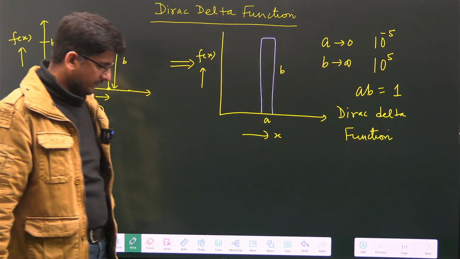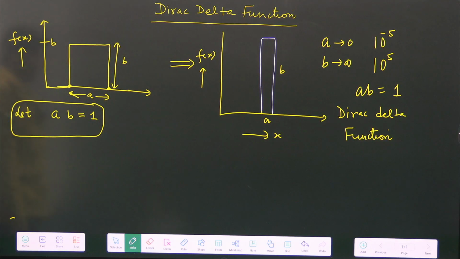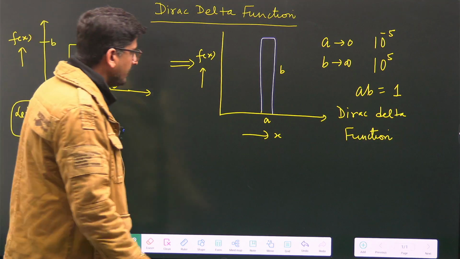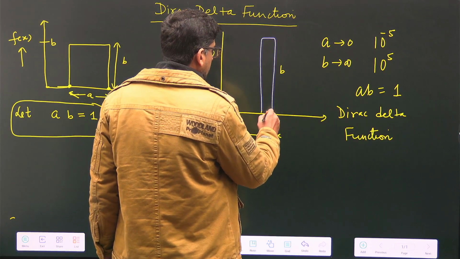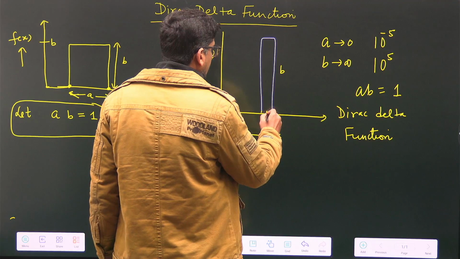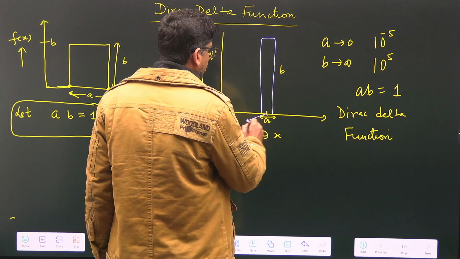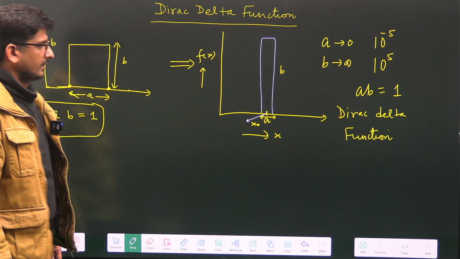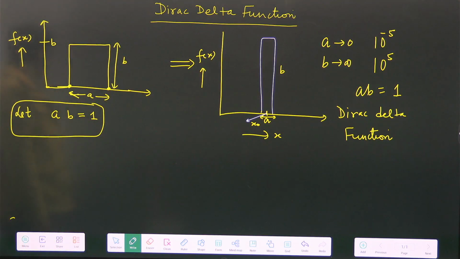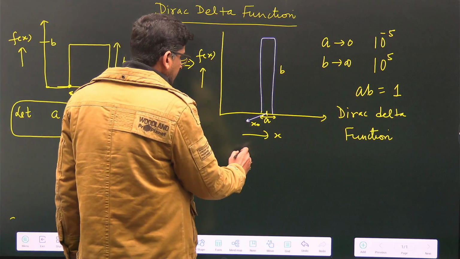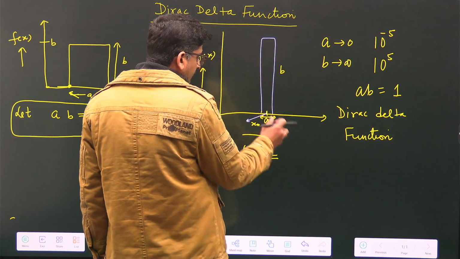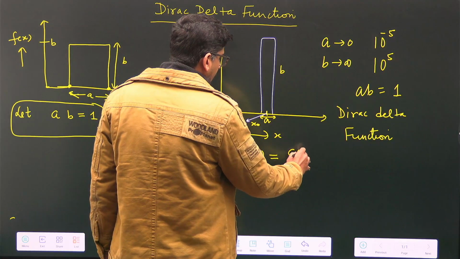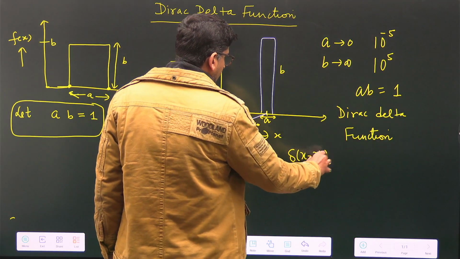This is called the Dirac delta function, and how we define it: this width was a, and suppose the location is some x naught. The location of this delta function is x naught. So we define it as f(x) equal to delta of x minus x naught.